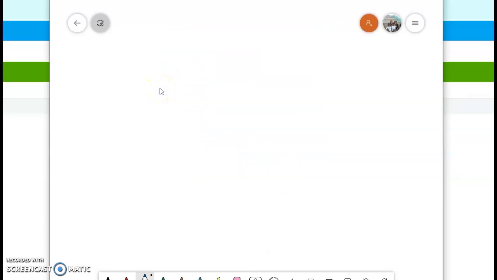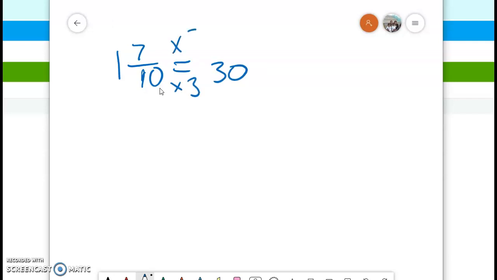So we have 1 7/10. We know that our new denominator, we want to make it into a 30. 10 times what gives me 30? 10 times 3, whatever I do to the bottom, I do to the top. 7 times 3 gives me 21. So I now have 1 and 21/30ths.